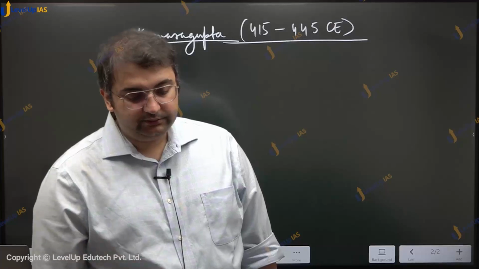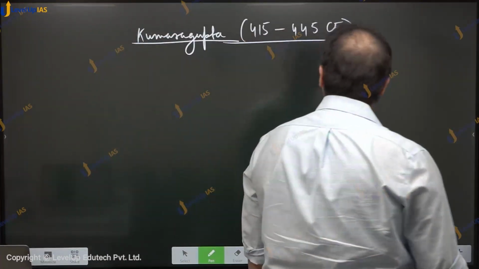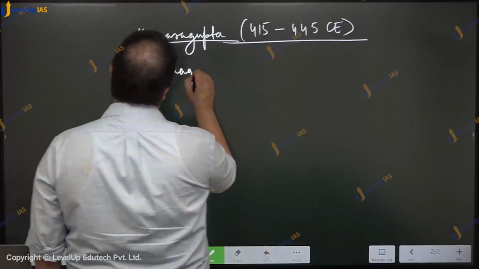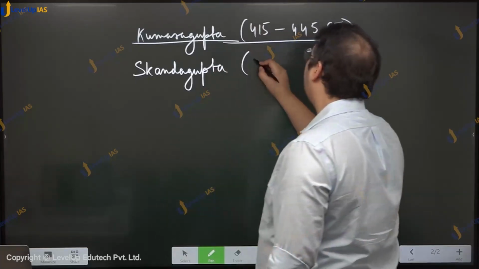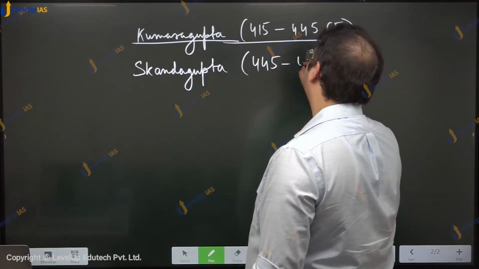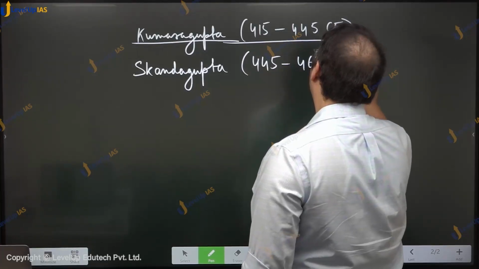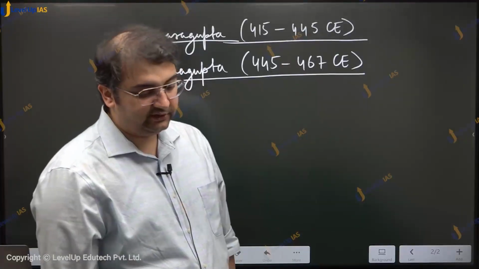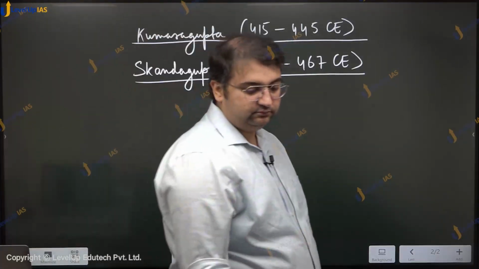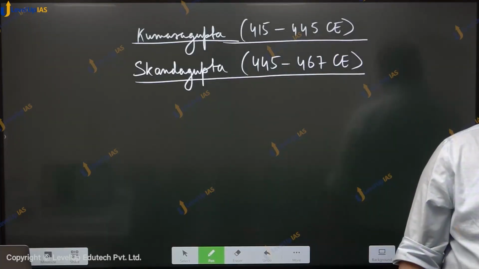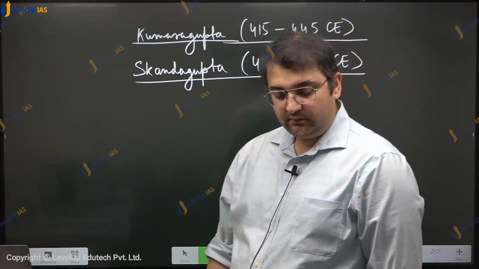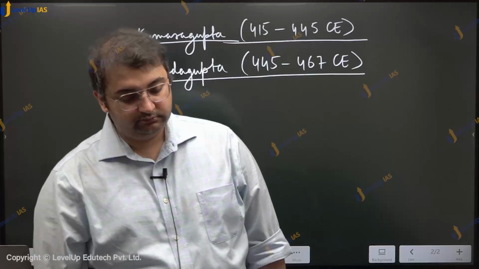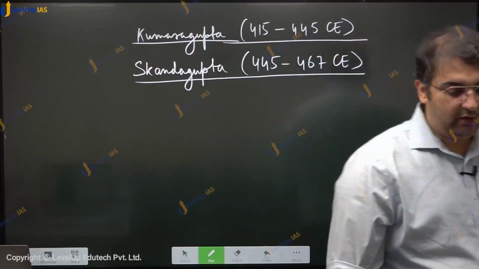This trend continued during the reign of Skandagupta as well, indicating a rising shortage of metallic gold.